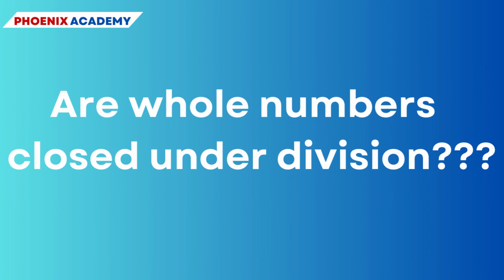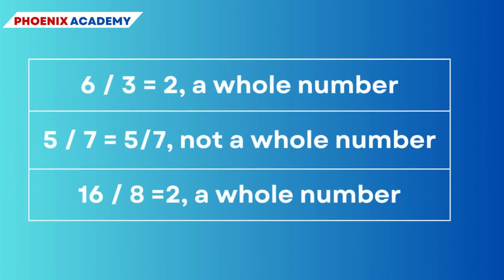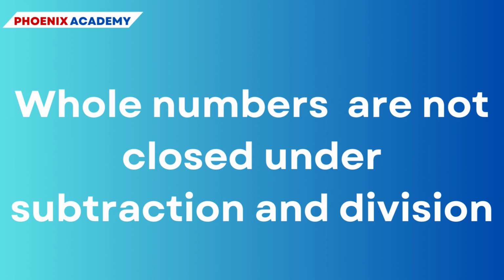Are the whole numbers closed under division? Observe this table. Here in the second row, 5 divided by 7 is equal to 5 by 7. It's not a whole number. So we can say the whole numbers are not closed under subtraction and division.